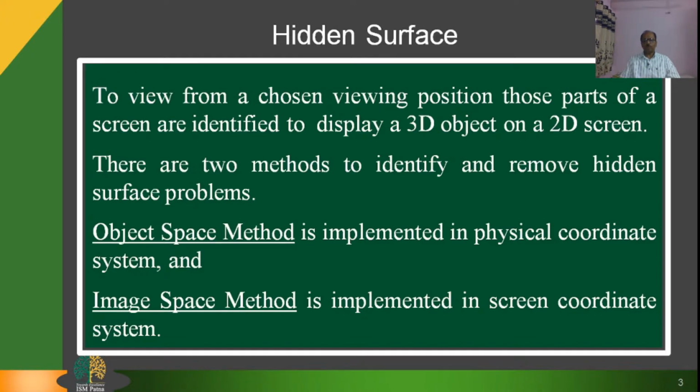When we want to display a three-dimensional object on a two-dimensional screen, we need to identify those parts of a screen that are visible from a chosen viewing position.